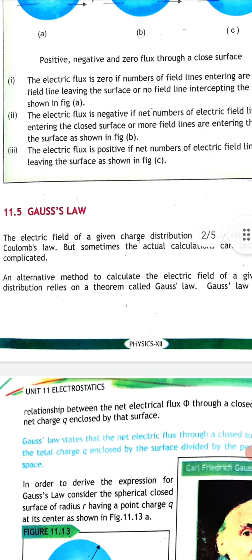So let us come to Gauss's law, and we are going to state it, and later we will discuss some applications of Gauss's law as well.